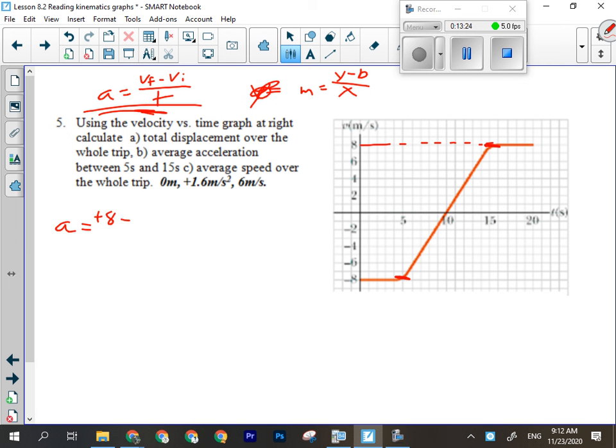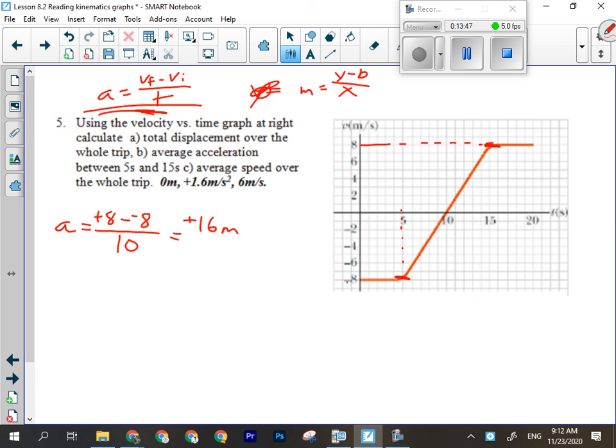I'm going to subtract my initial velocity, which occurs at 5 seconds, and that's -8. This occurs between 5 and 15 seconds, so the time is 10 seconds.